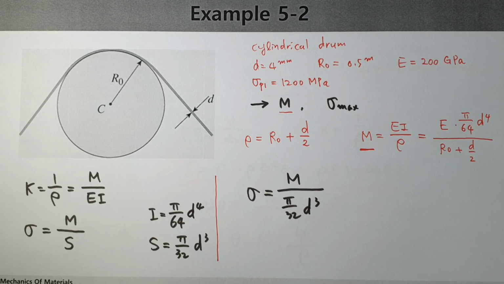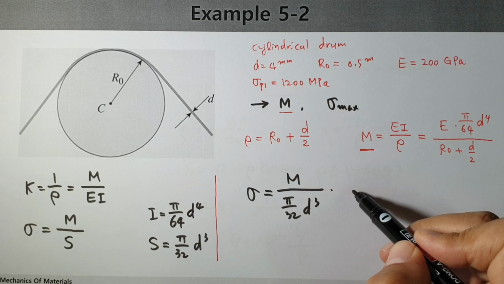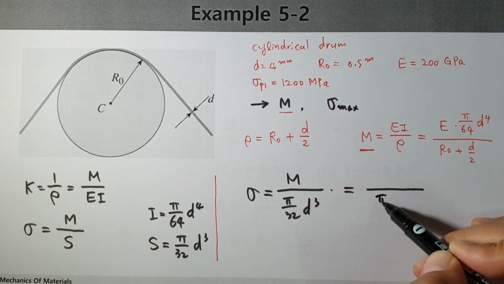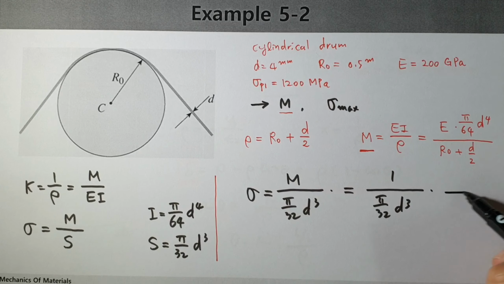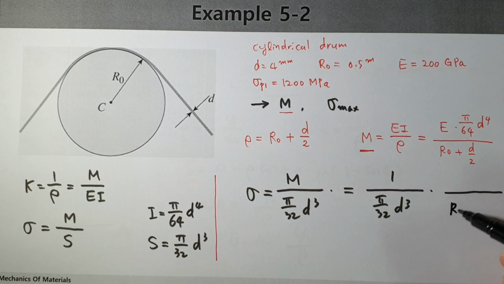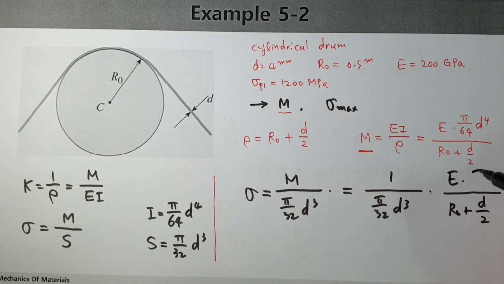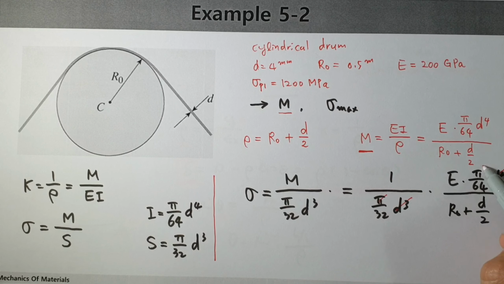And when you substitute this, then let's say sigma equals 1 over pi over 32 d3, and M equals E pi over 64 d4 over r0 plus d over 2. Okay, we can cancel this one, d, and pi is cancelled.